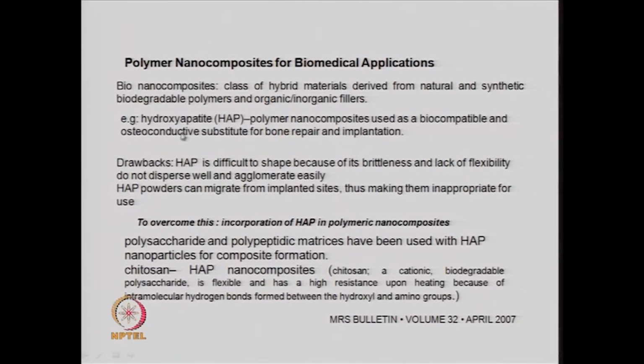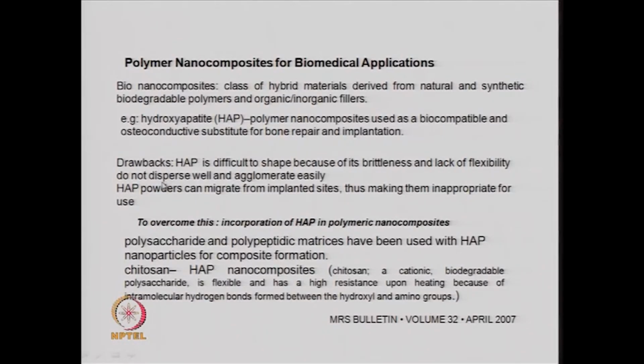This is a synthetic material, a substituent for bone, and so people use this combination of hydroxyapatite and polymer nanocomposite for bone repair and implantation.